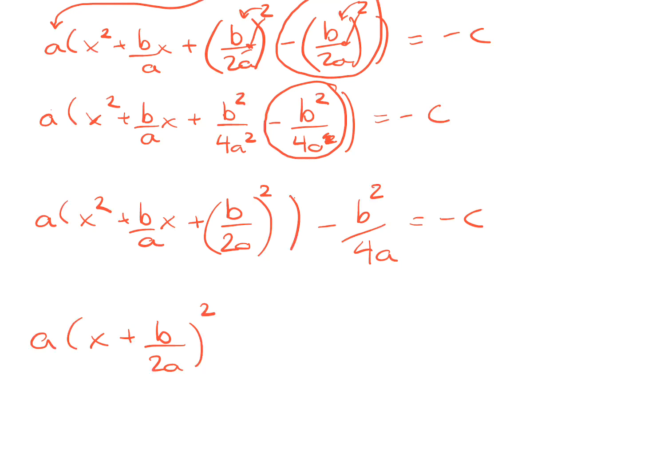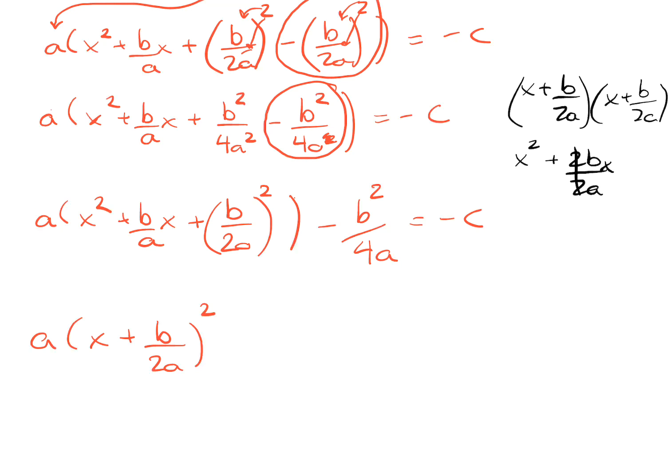I'm just going to, for my brain, go x plus b over 2a times, because I want to make sure I'm doing this right. And if not, then this whole end of the video is a waste of time. But that's going to give me plus 2b over 2a. So those cancel. Okay, good. And then, yep, okay, so that's perfect. So this is good.